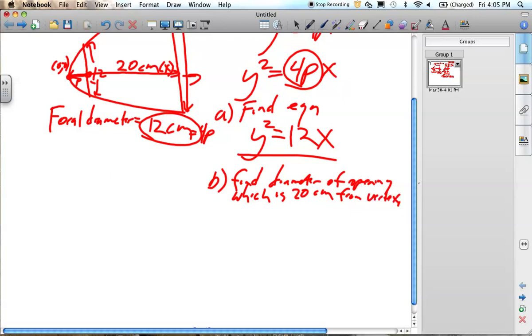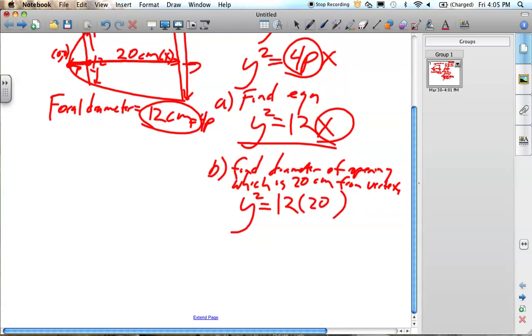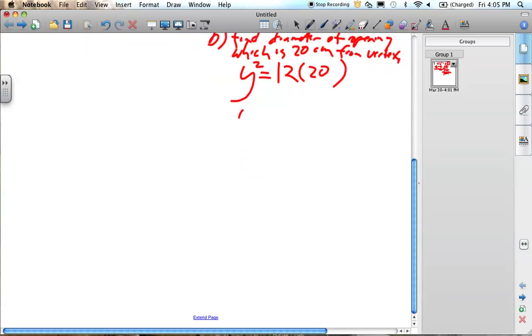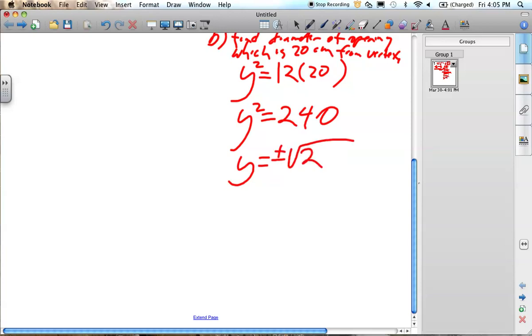All right, well, that looks kind of tough, except that's x, that's 20, we plug it in here, so y squared equals 12 times 20, or y squared equals 240. Now, because I want the diameter, I'm not interested in the negative, only in the positive.